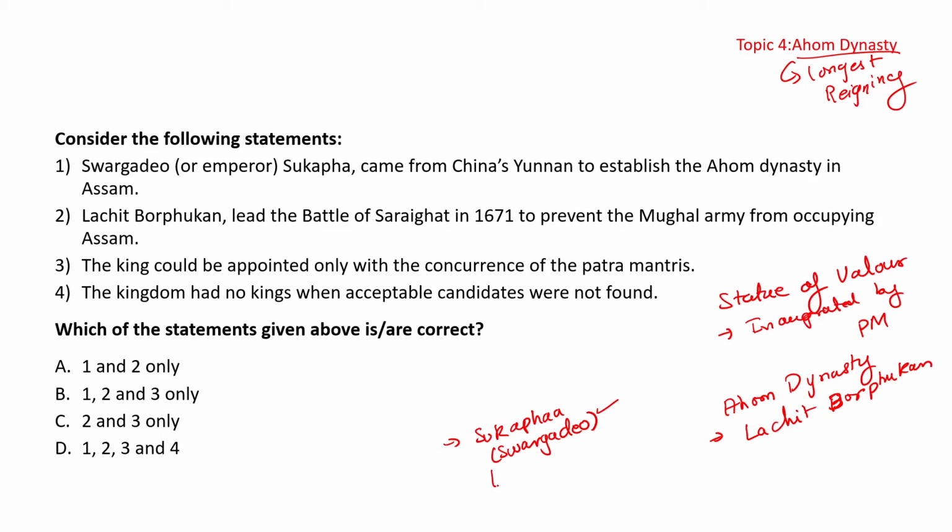Now this particular king came from Yunnan province, or today's Yunnan province in China.